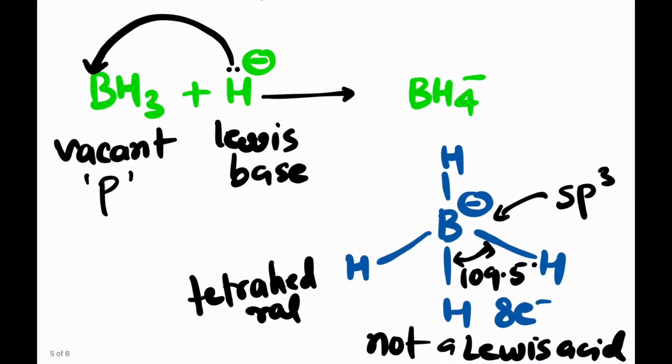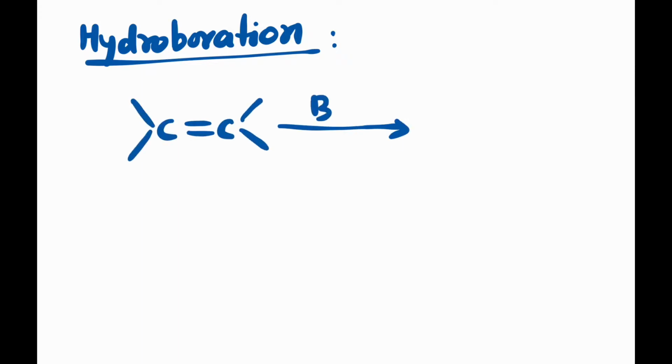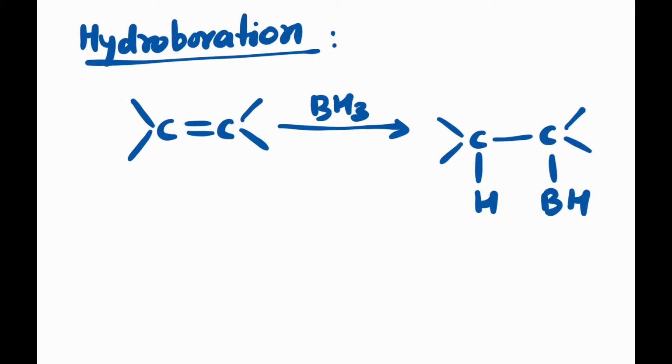One of the applications of borane or diborane is in the addition of H2O to an alkene. That reaction is known as hydroboration oxidation. In the hydroboration reaction, the alkene is treated with borane, or we can say diborane, and we get this addition intermediate, HBH2, an alkyl borane.